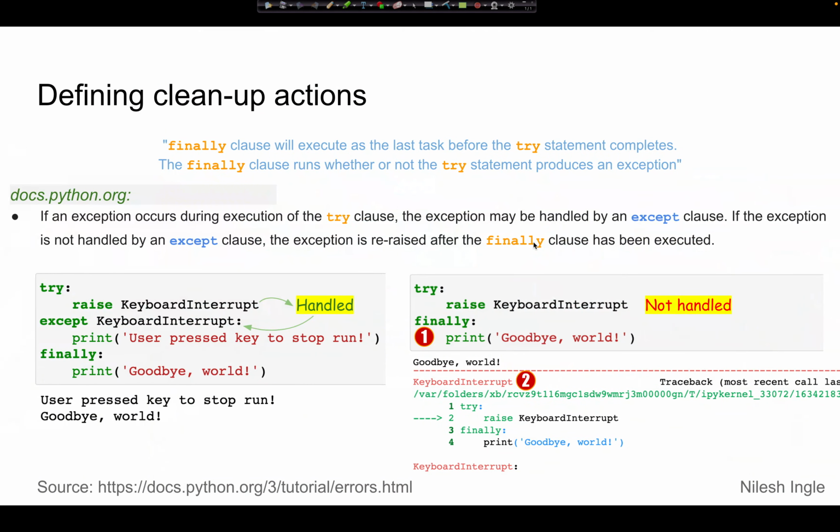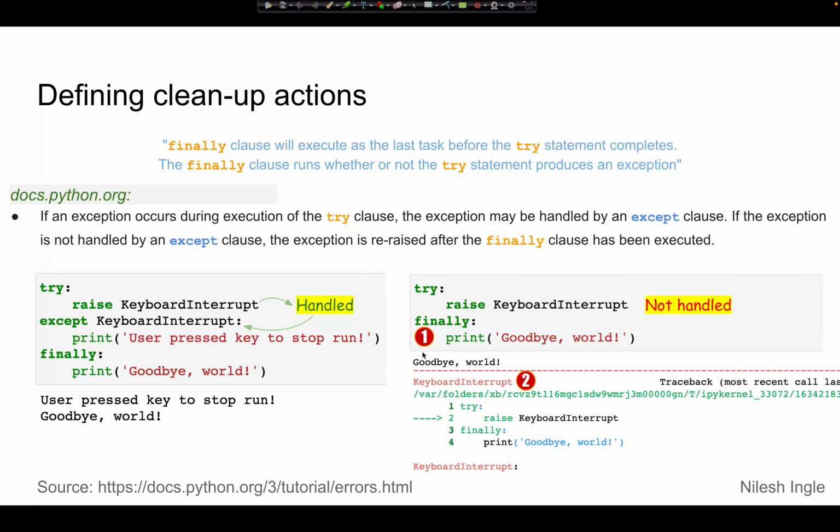However, if the try block raises an error that is not handled, such as the keyboard interrupt error here, then here's what would happen. Before the keyboard interrupt error gets handled in any way, the finally block would run first, and after that we'll see the traceback for the keyboard interrupt.